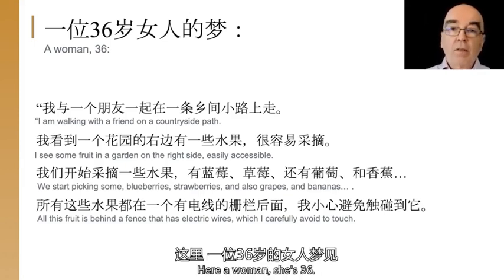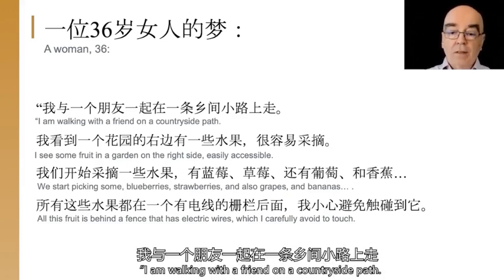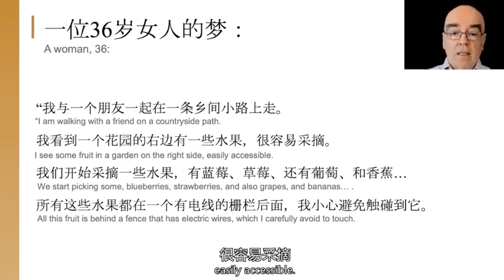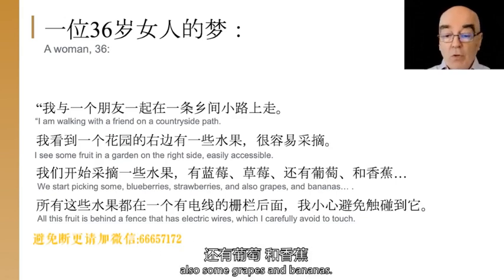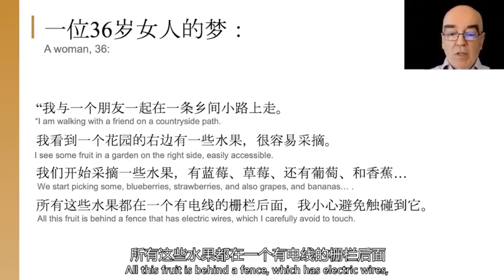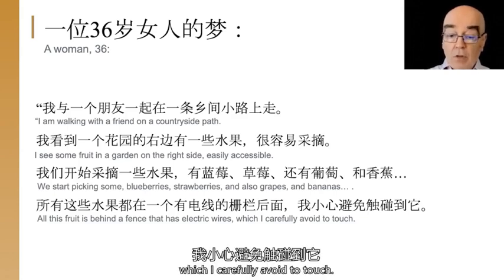Here, a woman, she's 36. I am walking with a friend on a countryside path. I see some fruit in a garden on the right side, easily accessible, and we start picking some blueberries, strawberries, also some grapes and bananas. All this fruit is behind a fence which has electric wires, which I carefully avoid to touch.